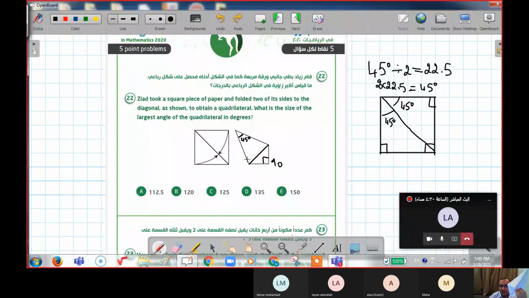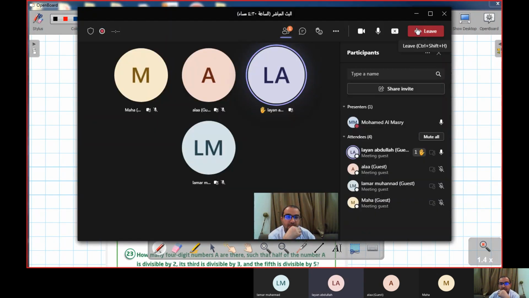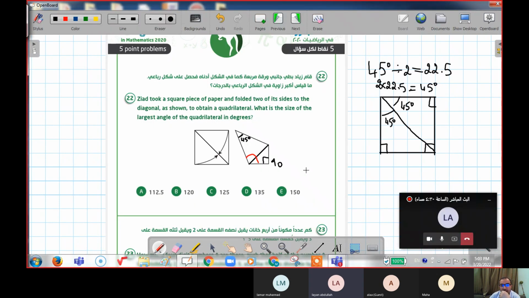How do we find the angle here? I did something else. I added 45 and 90. It gave me 135. I subtracted it from 360. It gave me 225. Then I divided it by 2. Okay, excellent. You can do it by that.